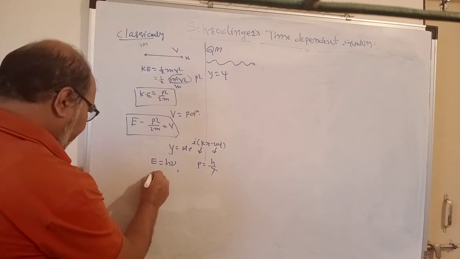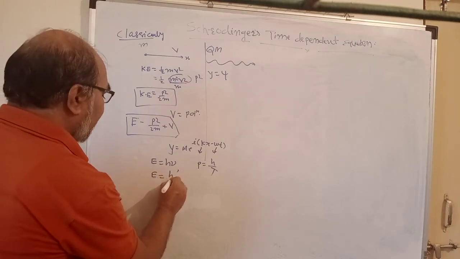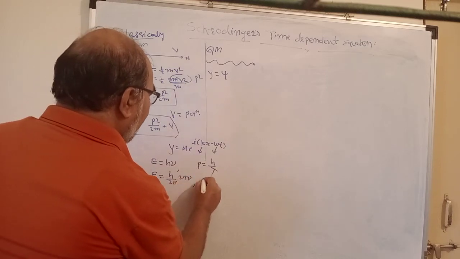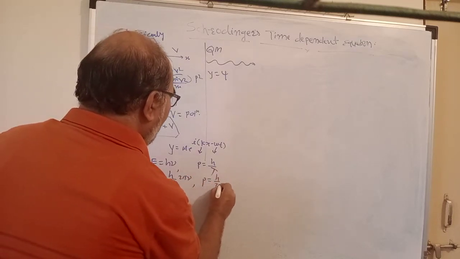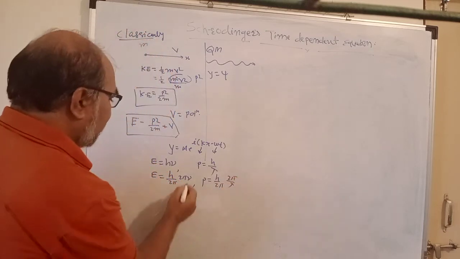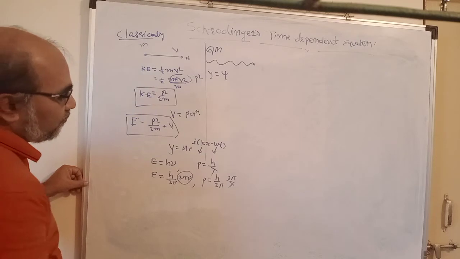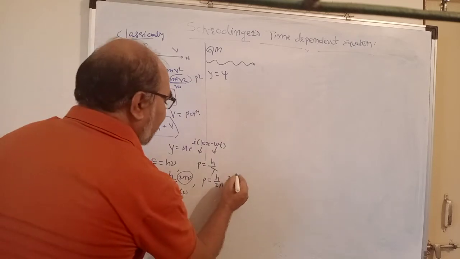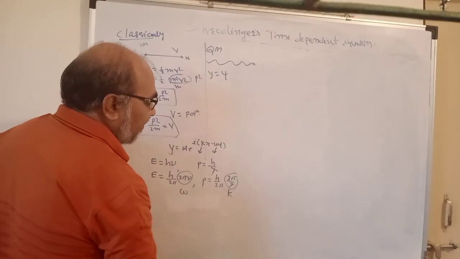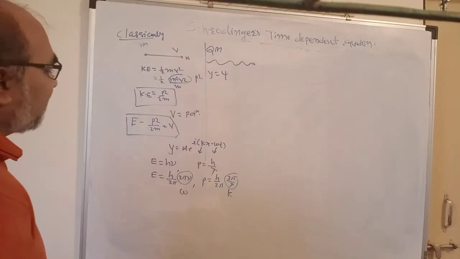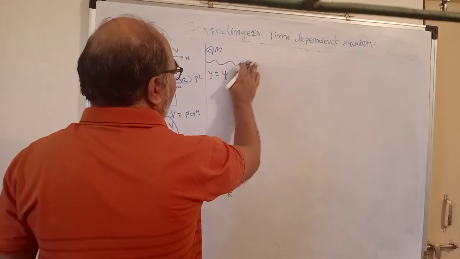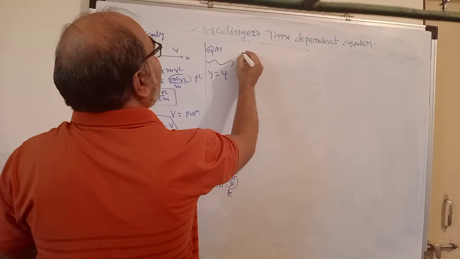Therefore E is equal to h divided by 2 pi times 2 pi nu, whereas p is equal to h upon 2 pi times 2 pi divided by lambda. So 2 pi nu is nothing but omega, whereas 2 pi by lambda is nothing but k.